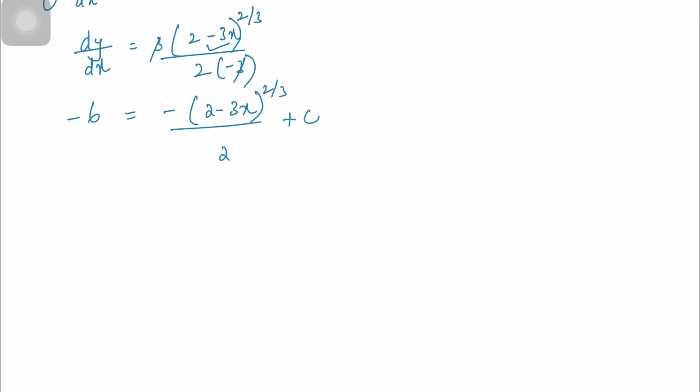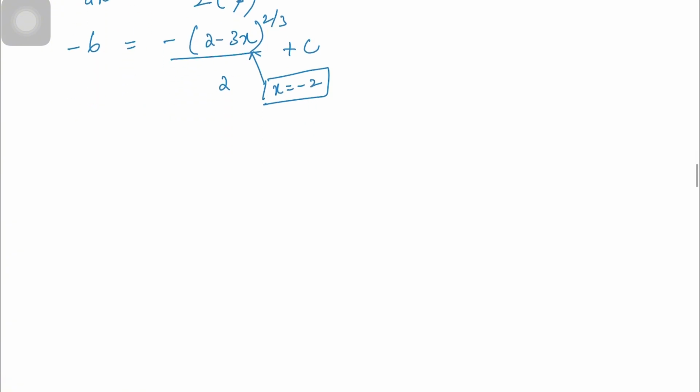We have to plug in x as negative 2 over here. So this would be written as negative 6 equals negative (2 minus 3x), with x being negative 2, so minus 3 times negative 2 would be plus 6, power 2 upon 3, plus c, and then 2.